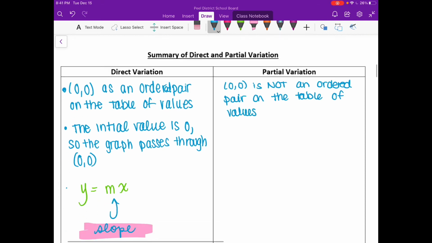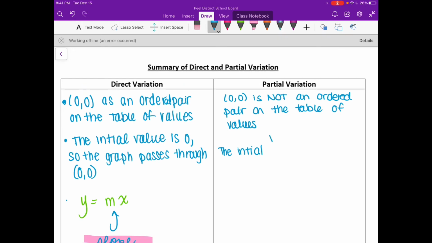The initial value, or the value at which this crosses through the y-intercept, is some number b. Some number b, and b is important.